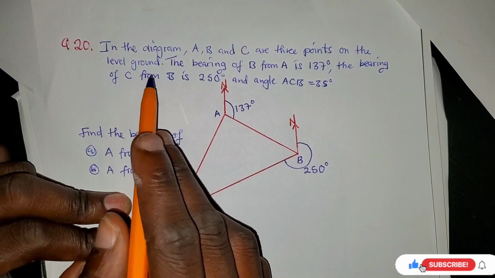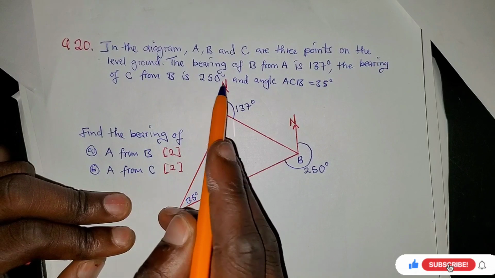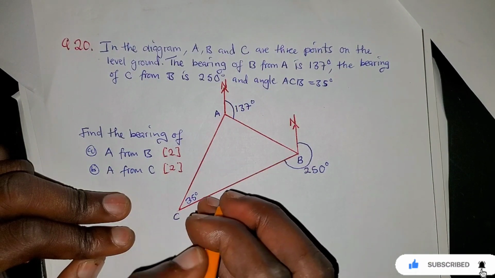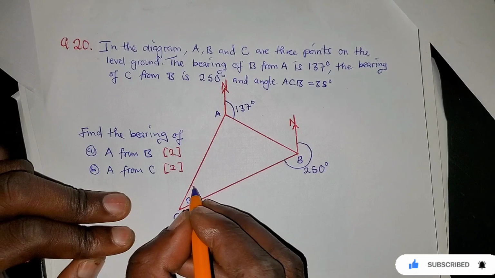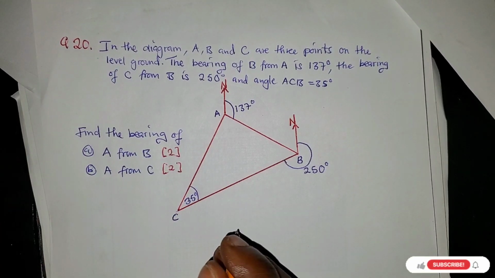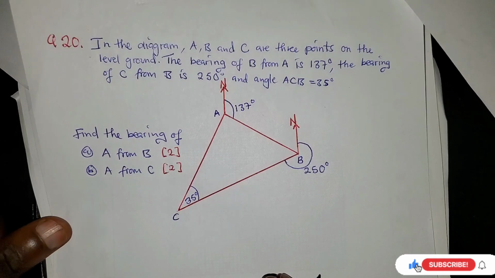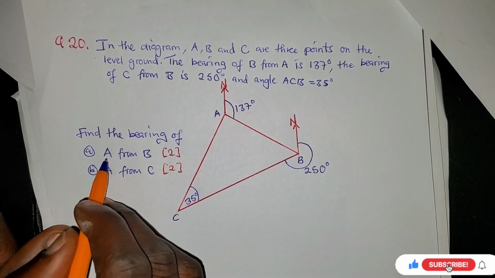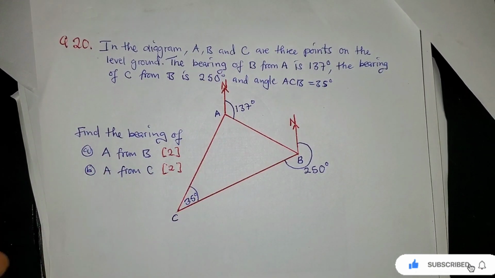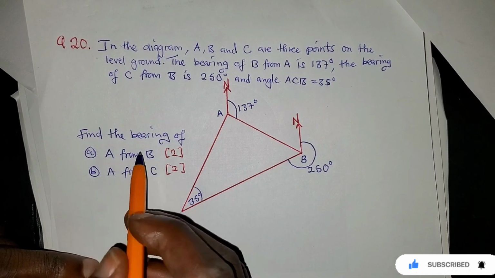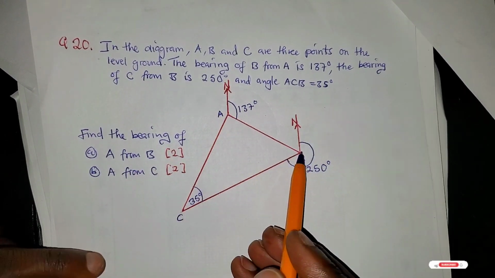The bearing of C from B is 250. And the angle ACB is, what's the angle of this? 35 degrees. Now, we are asked to find the bearing of A from B. Okay? The bearing of A from B.